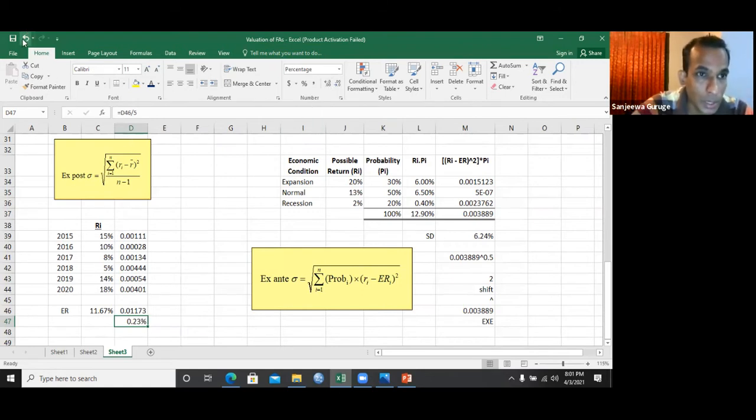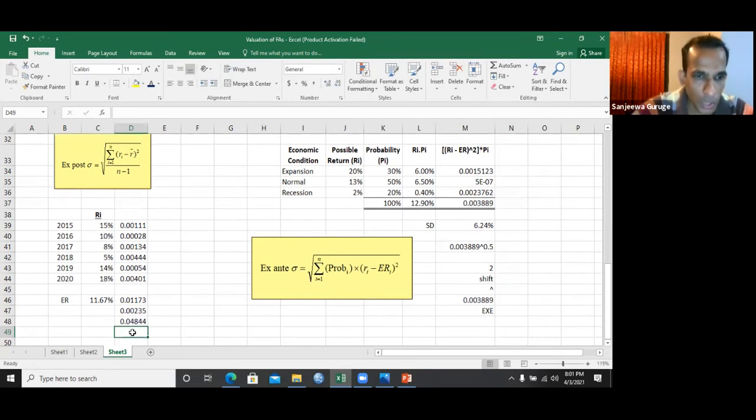That is, we divide by n minus 1, then that is this part. So we have to calculate the square root of this. This is to the power 0.5. Right, we can use that calculator. So we got this.